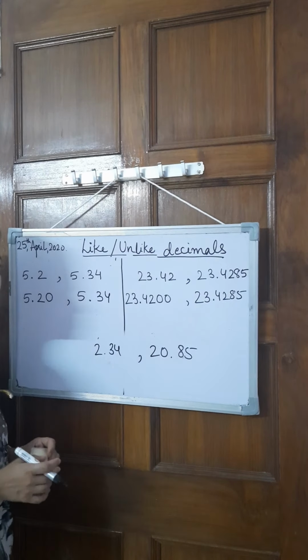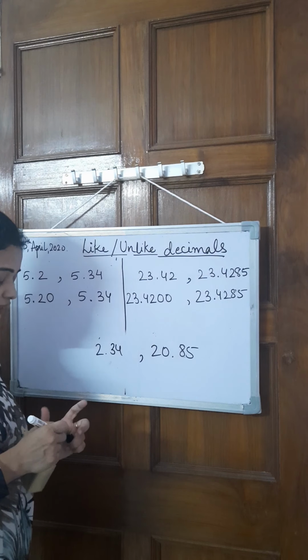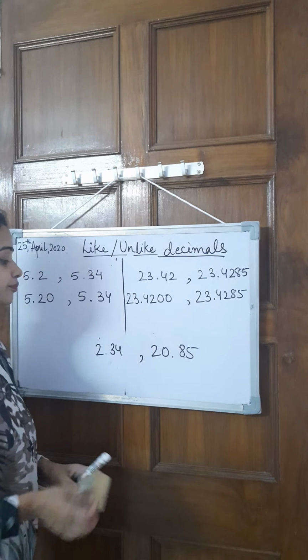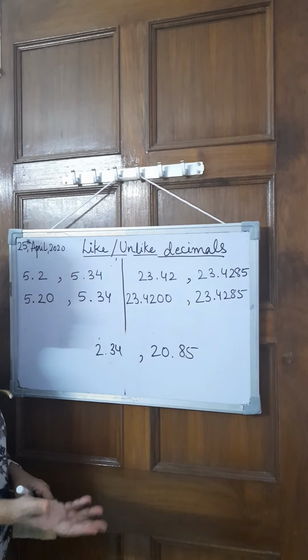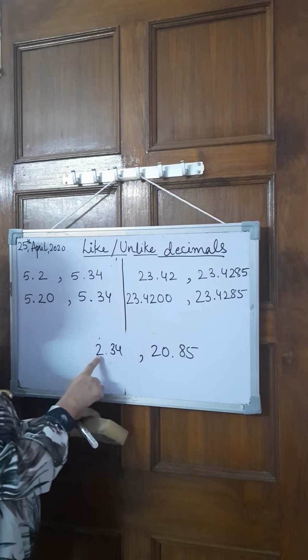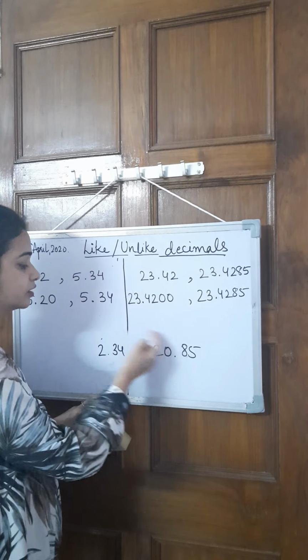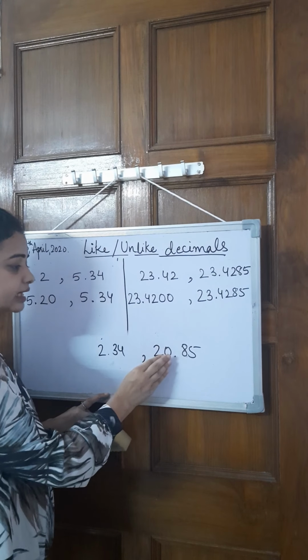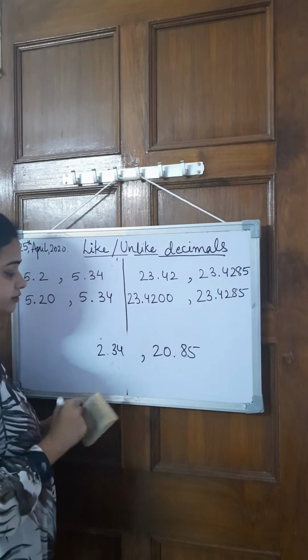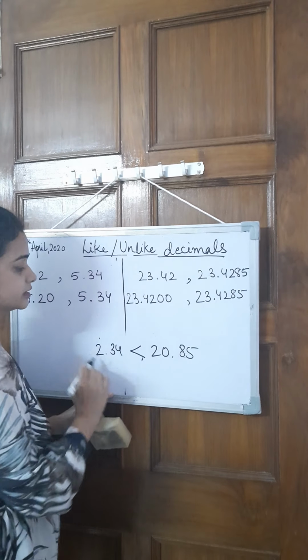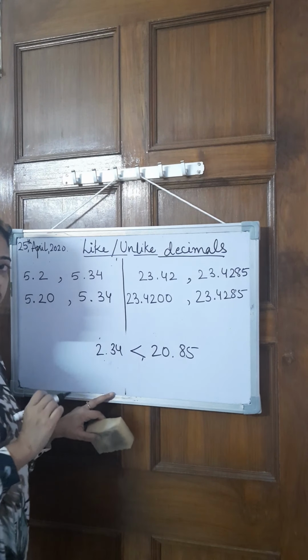If I ask you which number is greater, you really don't have to check the places after the point. Obviously it is 2 point something, and this is 20 point something. So comparing the whole part only, I can say that this one is greater and this one is smaller.